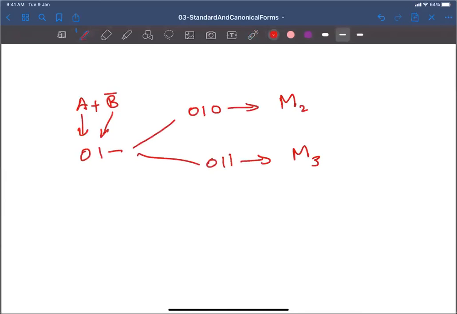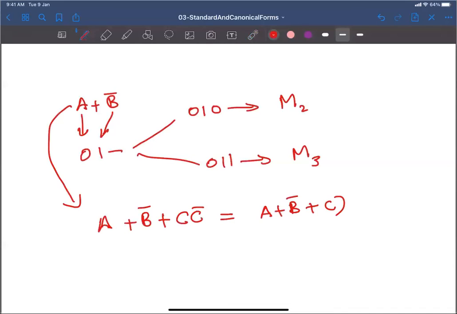And to verify this, you can do it algebraically: A or B complement is ORed with C complement C, which is 0. And then you use the distributive law, which gives A or B complement ORed with C, and A or B complement ORed with C complement.